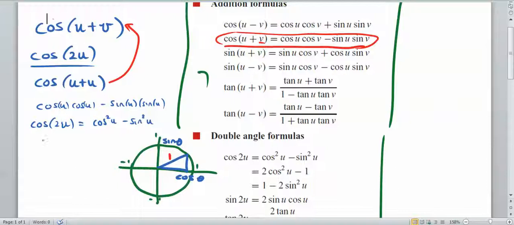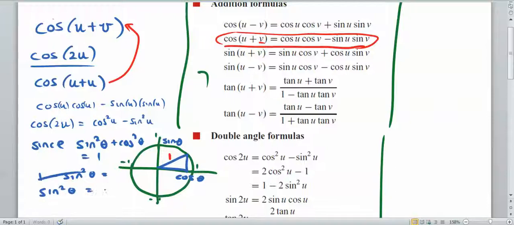So therefore, using sine squared theta plus cos squared theta is equal to 1, let's sub this in. Let's just say that sine squared theta is equal to 1 minus cos squared theta.